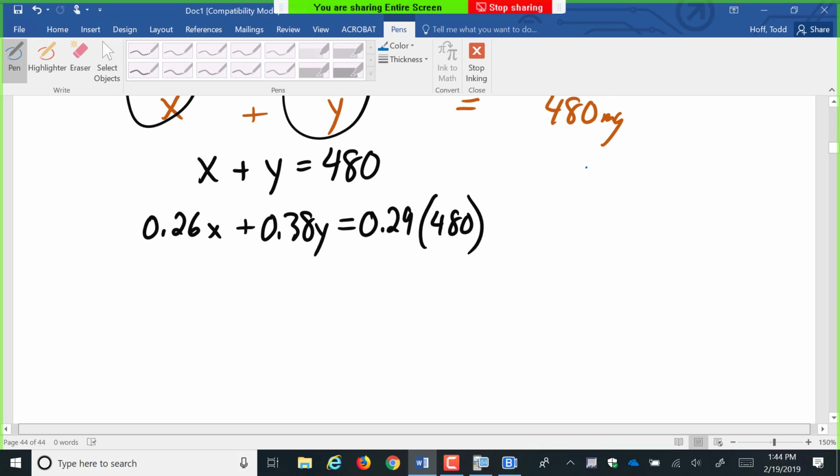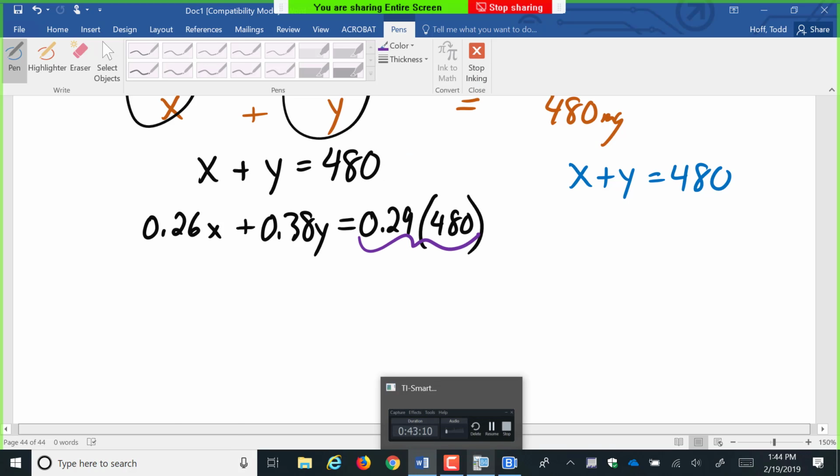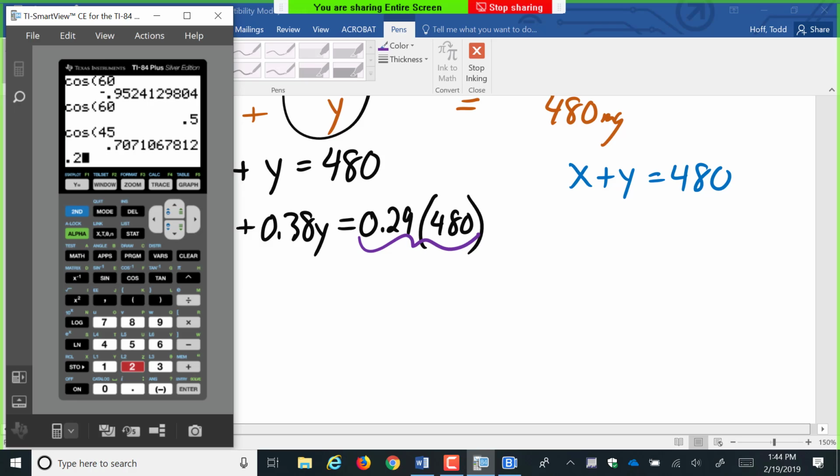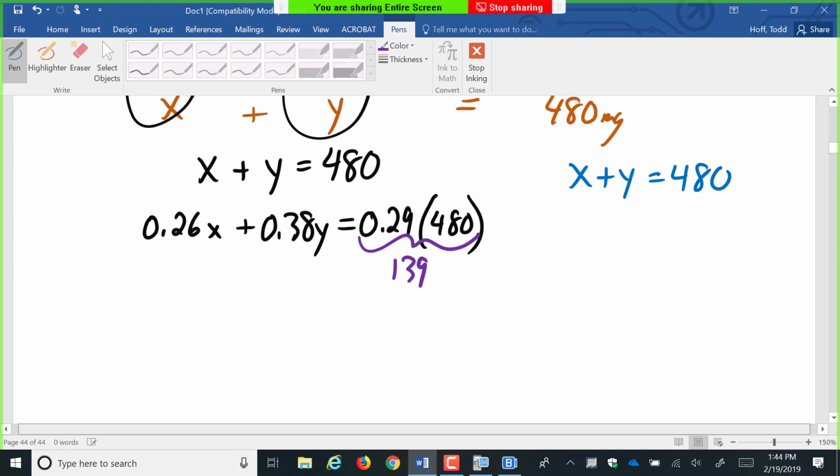This top one stays x plus y equals 480. In this bottom one, I would do the 0.29 times 480 to get 139.2. But again, looking at these coefficients of x and y, there's nothing I can multiply those by neatly.